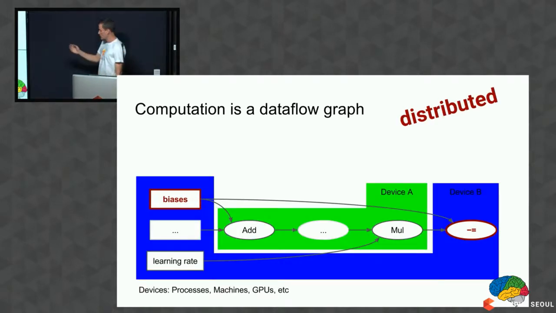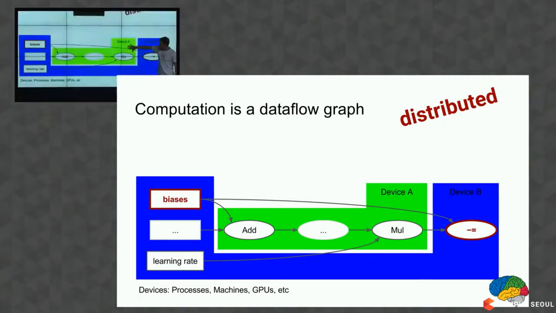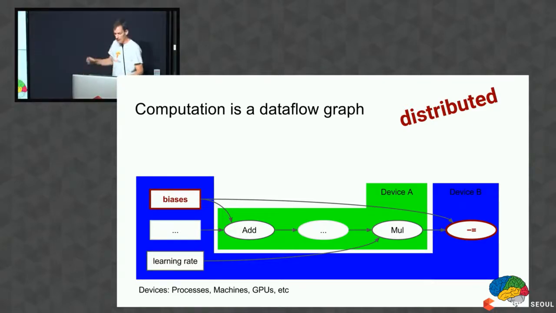We also designed it so that you can distribute the computations. So you might have a device here in green that might be a GPU card, and this might be your main set of CPU cores. And the system will automatically partition the graph around the set of devices you tell it you have. So you might have 8 GPU cards in your machine plus a CPU, or you might have a distributed system with 10 machines each with a GPU card.